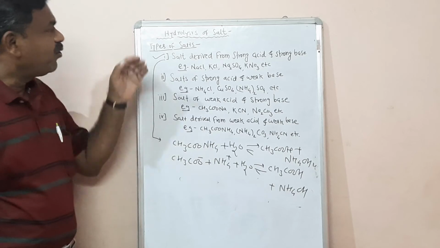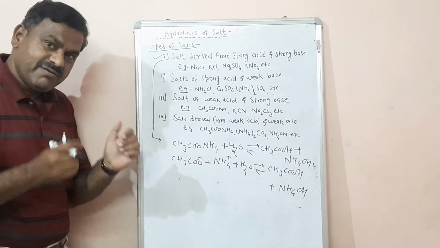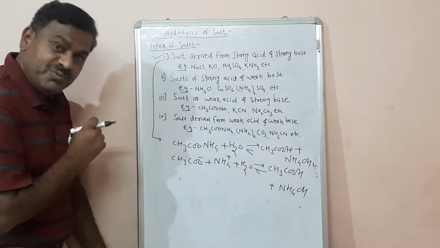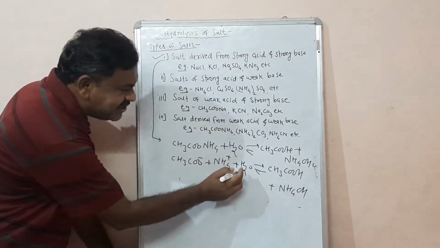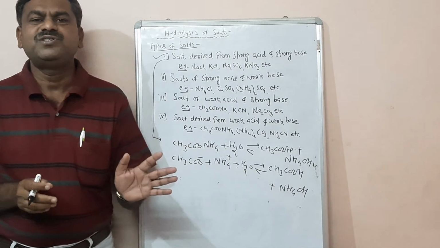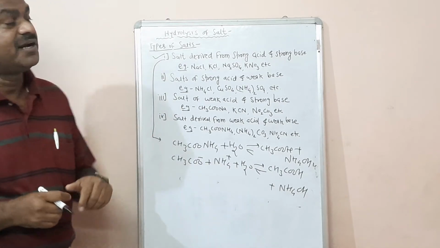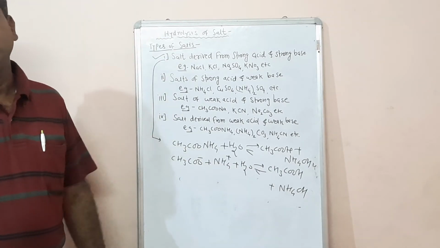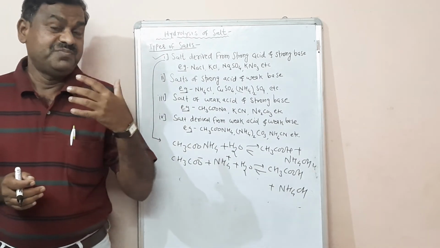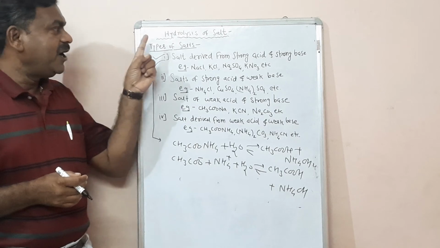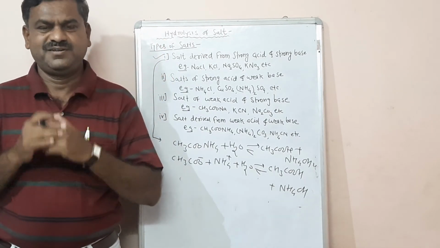And according to the hydrolysis reaction, the process in which the cations or the anions combine with water to produce acidity or basicity in the solution is known as the hydrolysis of salt. Now this is about hydrolysis and the types of hydrolysis.